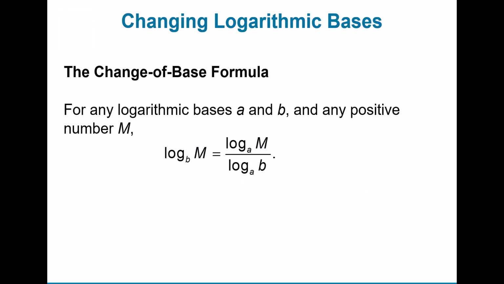Sometimes we might even want to change our base. So we have a change of base formula, where you change to whatever base you want. Notice for logarithms with bases a and b, I can simply change to a different base.